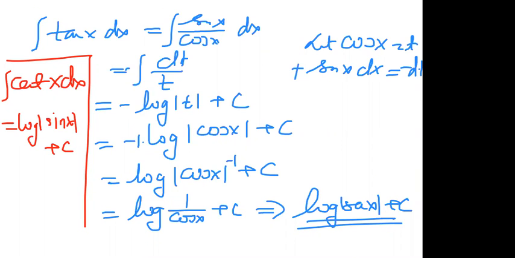Now we are going for the next. It is the integral of either sec x or cosec x. Any one we need to take. I'm taking sec x. So the integral of sec x can be written as, now this could not be solved simply. So what we need to do is multiply and divide by sec x plus tan x.